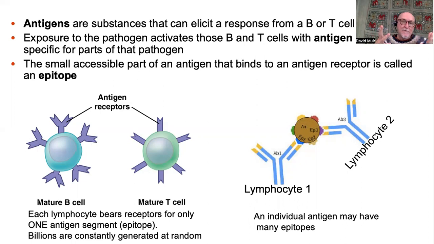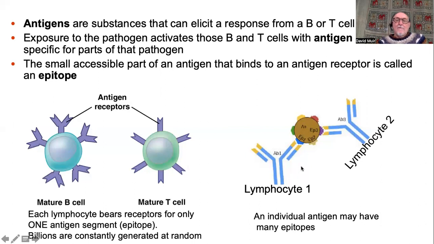So there's a huge diversity. Remember, that was one of the characteristics that we said of the adaptive immune system. It's incredible diversity, and it's continually evolving diversity, because we do this the whole time. From the bone marrow, we continually produce masses of different kinds of B and T cells.